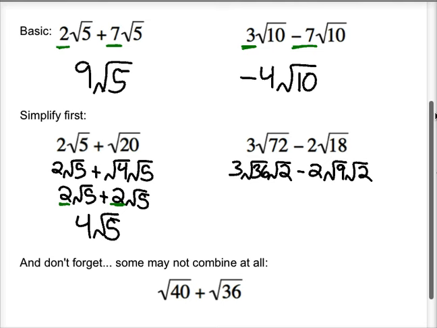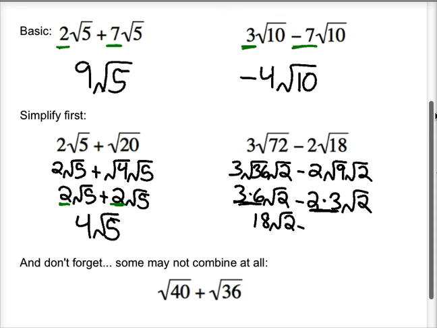Well, square root of 36 is just 6. Square root of 9 is 3. And hopefully you remember from our previous lessons, now 3 times 6, well, that's just going to be 18. 2 times 3 is just 6.